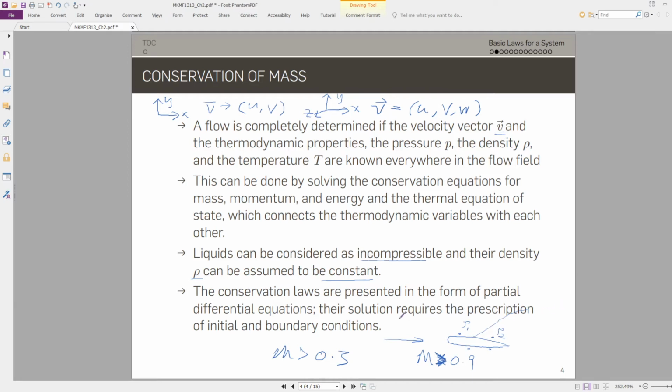And these solutions actually require the prescription of initial and also boundary conditions. So in order to solve these conservations of mass, momentum, and also energy, we require the initial and boundary conditions of the problem that we are going to solve.